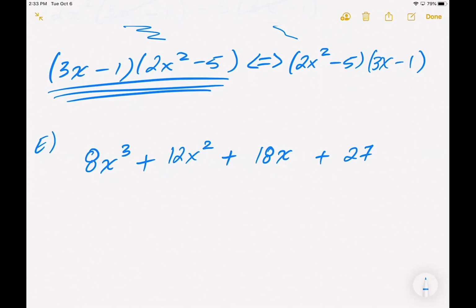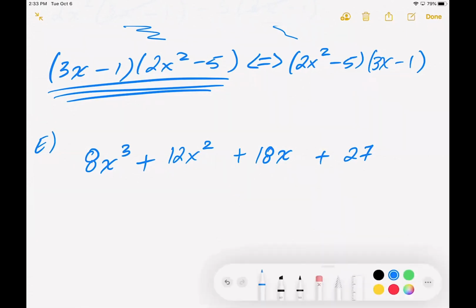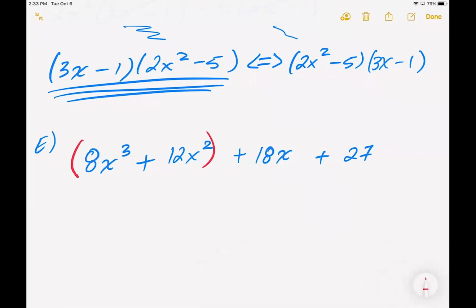Remember to factor out the biggest number you can factor out. Okay, factor out the greatest common factor. And again, if you guys get stuck, because they ask you to factor by grouping, just group it like this, right?